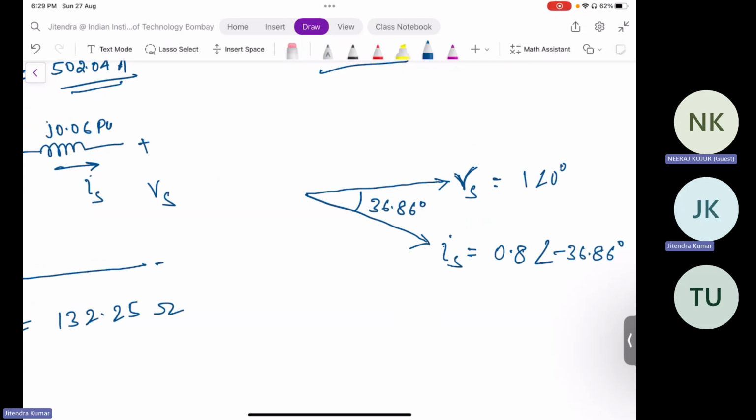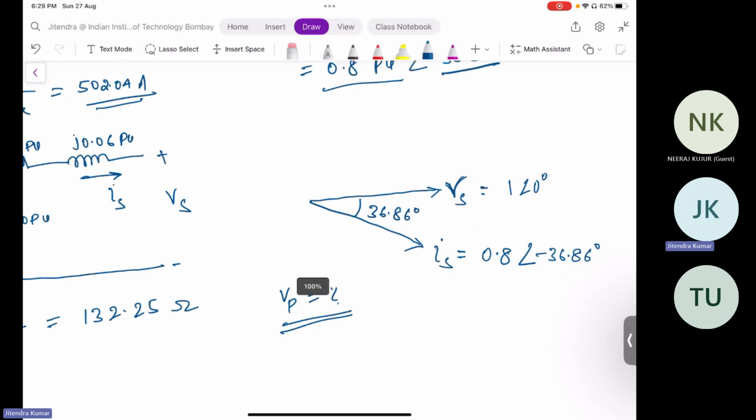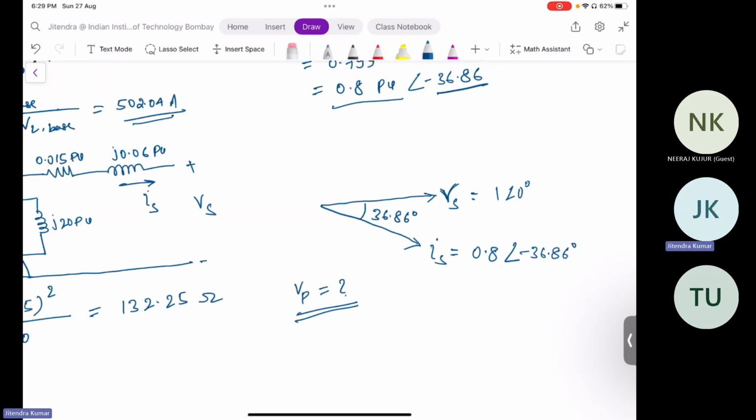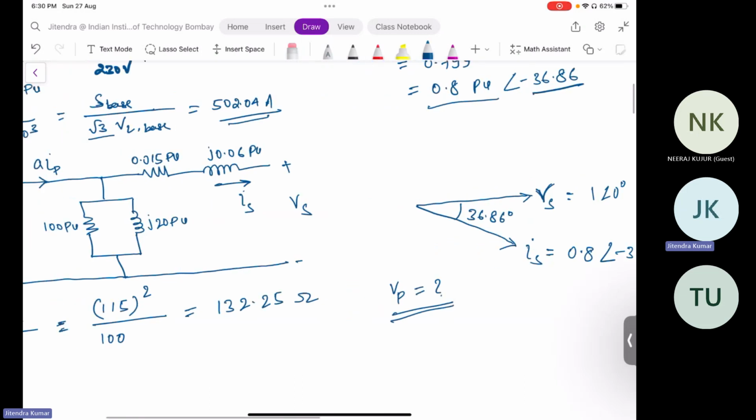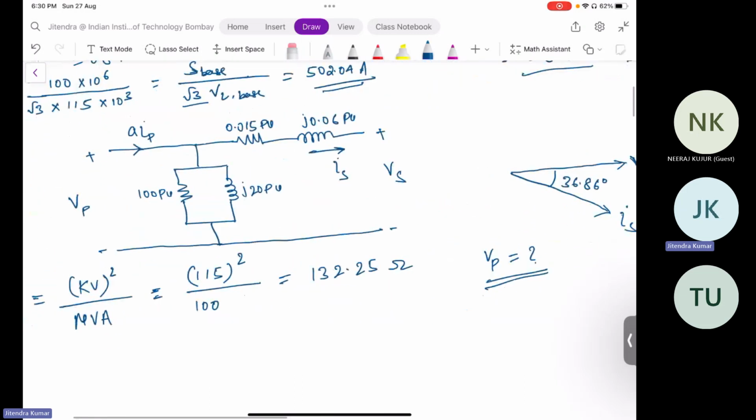The drop in the windings. So basically we are left to draw the primary voltage. How much will the primary voltage be, and how much angle will it lead or lag from the secondary voltage? To find out the primary voltage, we have to apply simple KVL here.